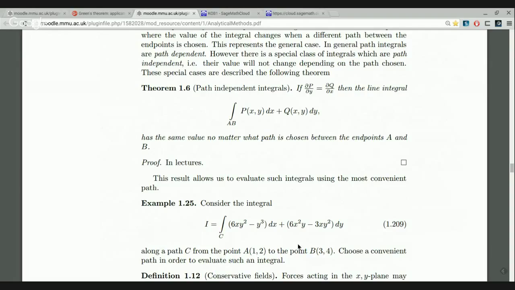But the integral along minus D of p dx plus q dy we can write as the integral along C2 minus the integral along C1, p dx plus q dy each time. So this implies that the integral along C2 of p dx plus q dy is equal to the integral along C1 of p dx plus q dy.